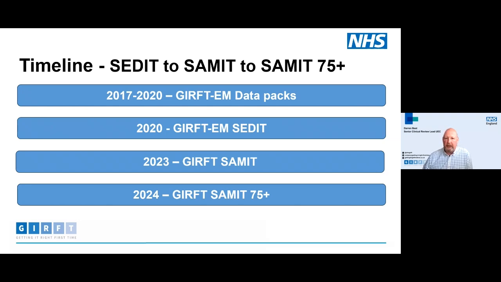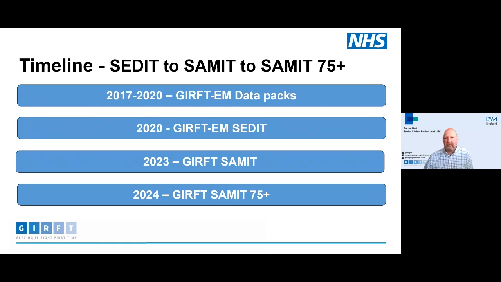That led to the SEDIT being released in 2020. We're currently now on to version 5 of that particular platform. But the same concept has then ran into the SAMIT with the acute medicine variant, which was released in 2023. And now, obviously, we're talking about the SAMIT 75, which was released earlier this year in 2024.